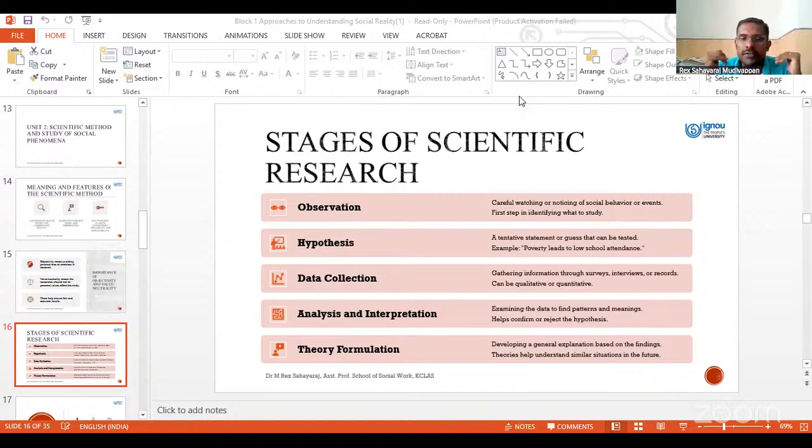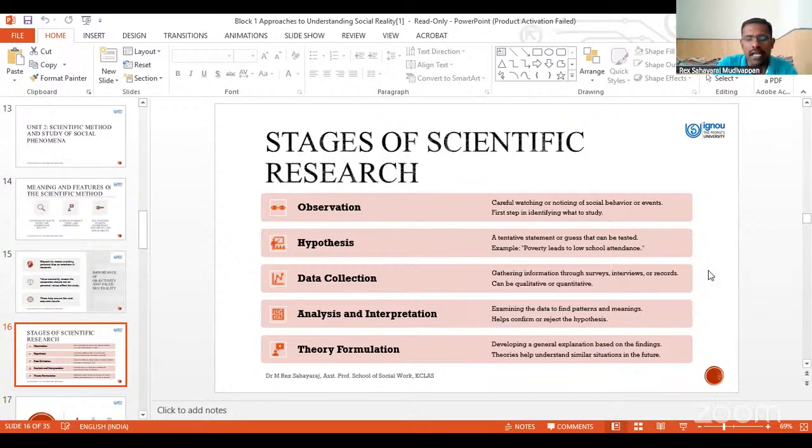Unless we have the purpose of the observation, we will lose our objective, lose our data, or lose our connection with the study. So it's very important to know what I need to observe.